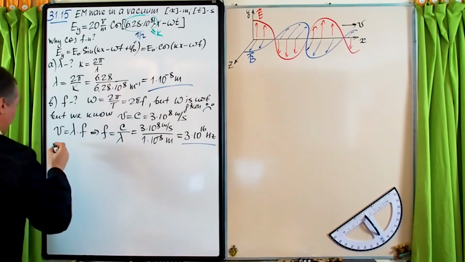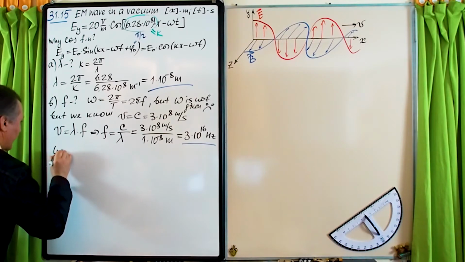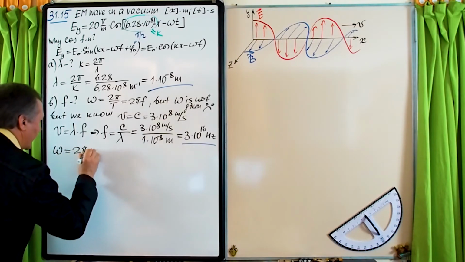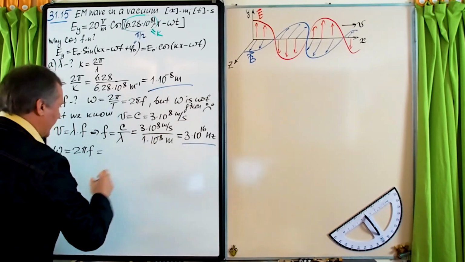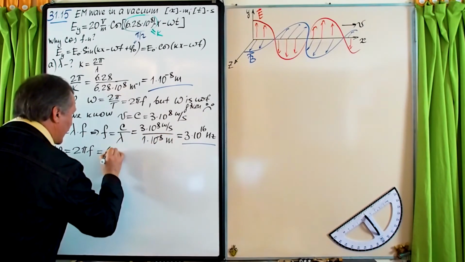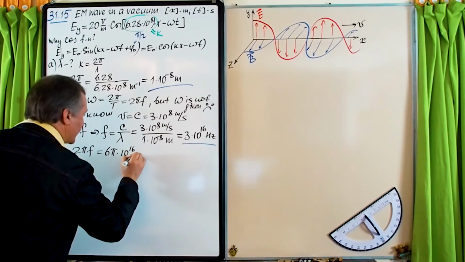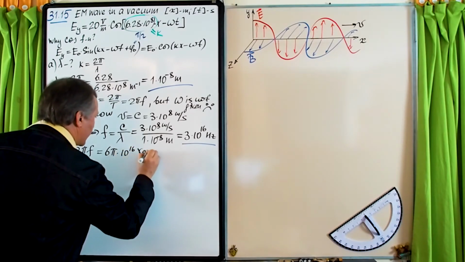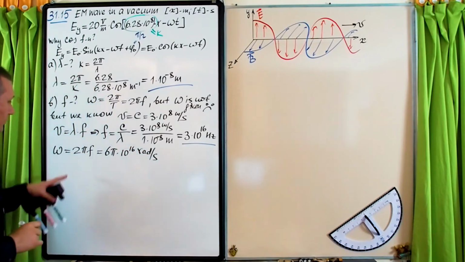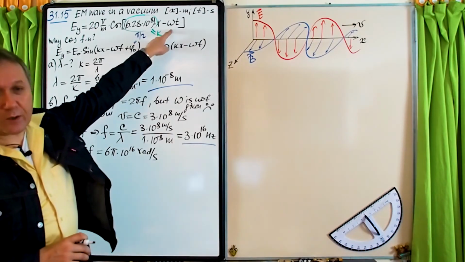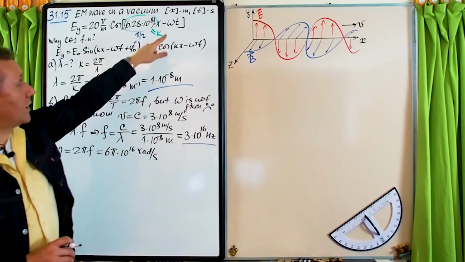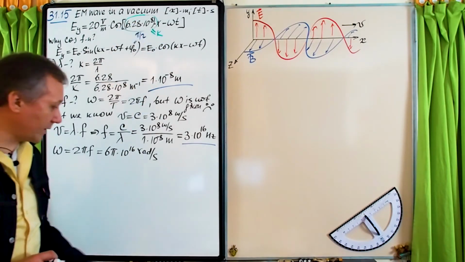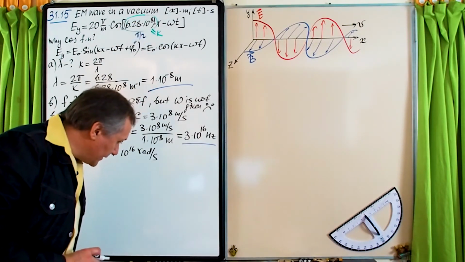So omega equals 2 pi f, which will be 6 pi times 10 to the power of 16 radians per second. So now we know omega, and we can actually correct the expression for the electric field. So what's next?